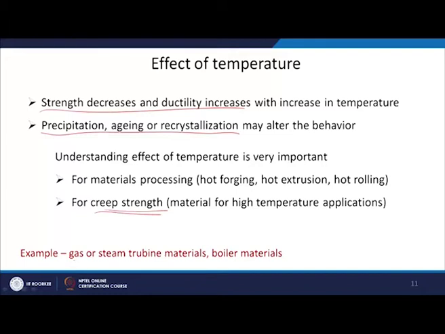The example where you will have this temperature effect is where we use material for a gas or steam turbine or boiler material and so on. Wherever temperature is involved, I need to know the behavior of the material as a function of temperature.